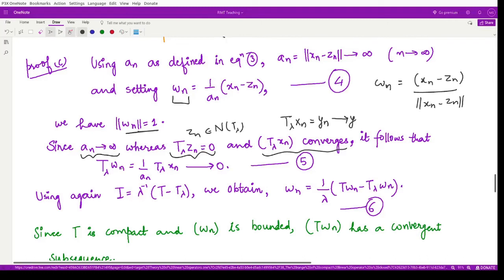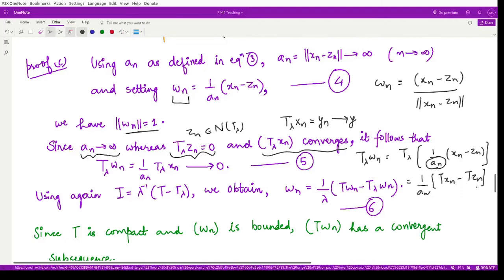So what would this thing be? This was wn. When we apply T lambda onto this, T lambda of wn would be T lambda of 1 by an times xn minus zn, right? So 1 by an is a scalar, so it could be taken out: T of xn minus T of zn.